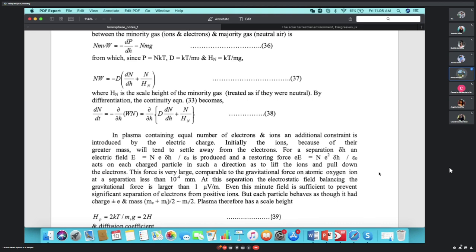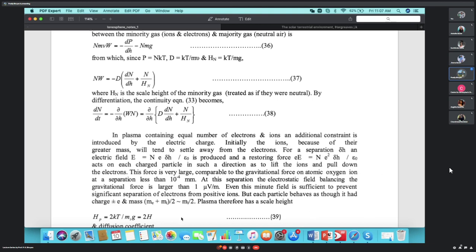If gravitational force would have been much stronger, then you would have got an ion plasma and an electron plasma separated by a sufficient distance. But that is not the case because of the restoring force set up by the electric field, which is much larger in magnitude compared to the gravitational force.